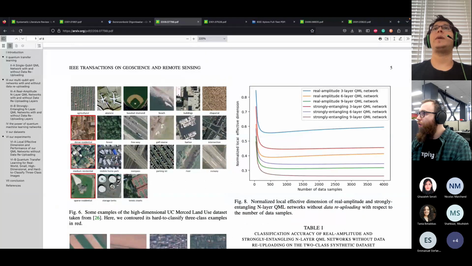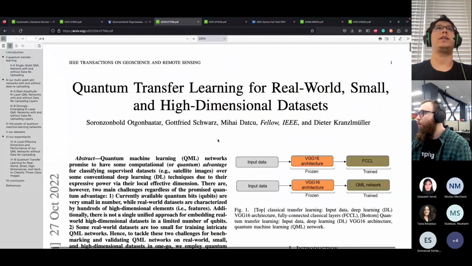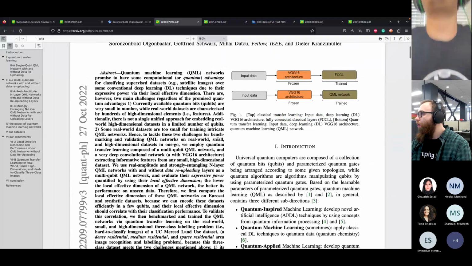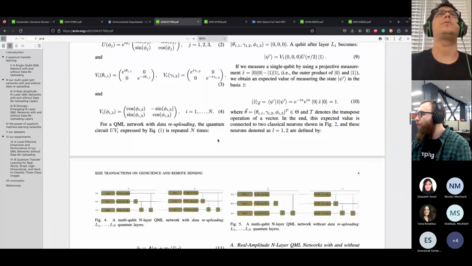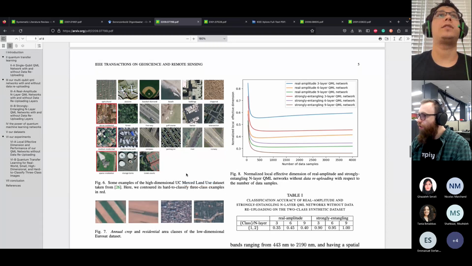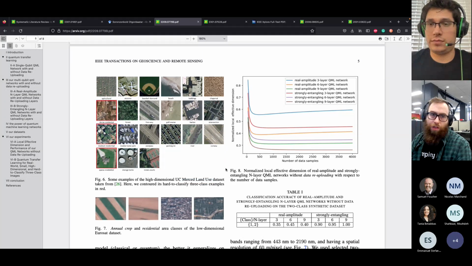And this is basically what they do in this paper. So this is a paper that Samuel sent me. I'm not sure about the data they use. Oh, I think it's here. Yeah, so this is the UC Merced Land Use dataset. I don't know about this dataset, but it's quite a standard dataset.